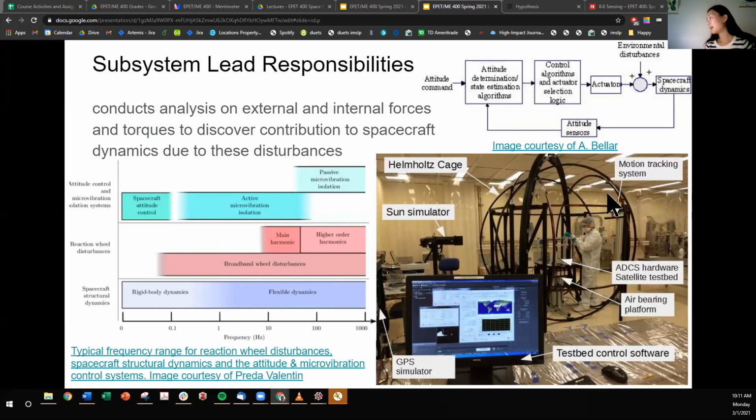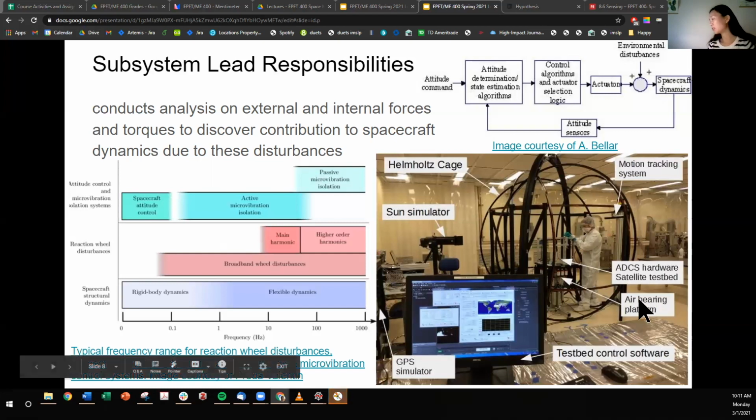Here is a Helmholtz cage, which simulates magnetic fields. There's an air bearing in the middle that simulates frictionless motion in 3 degrees of freedom. And then you want to simulate a bunch of space environment effects. So the sun, the magnetic fields, frictionless motion, and maybe some sensors as well, like GPS.